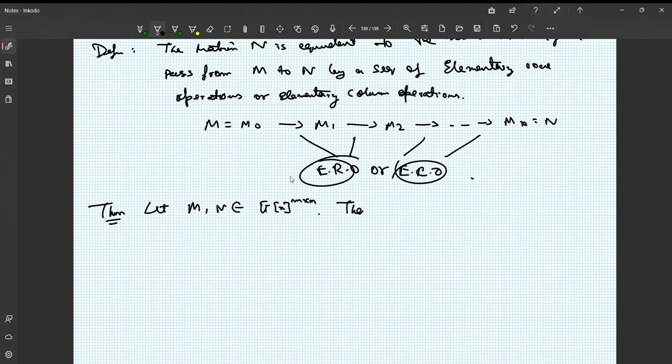Okay. So theorem: let M and N be matrices with polynomial entries.